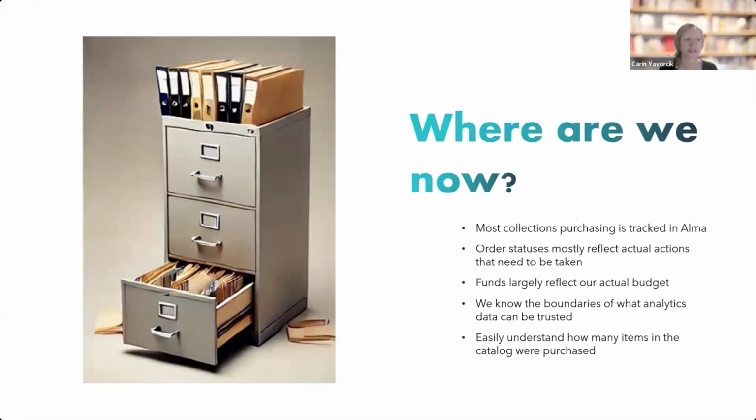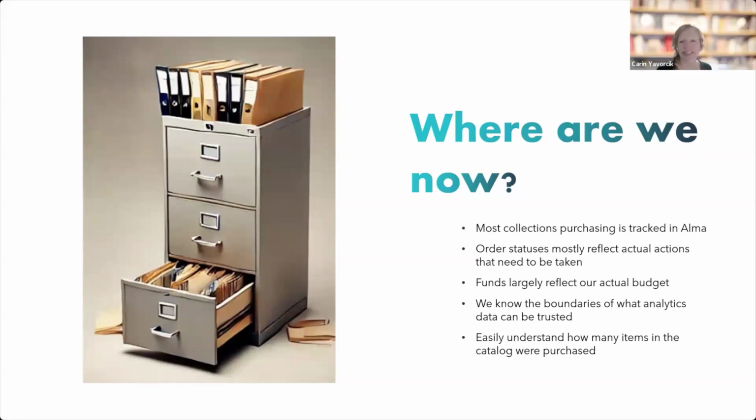So most of our collections purchasing is tracked in Alma. I have recently been pulling some purchasing data from FY24 for some reports that I'm having to turn in, and I've only had to track down like a handful of invoices, which is great, much improved from previous years.